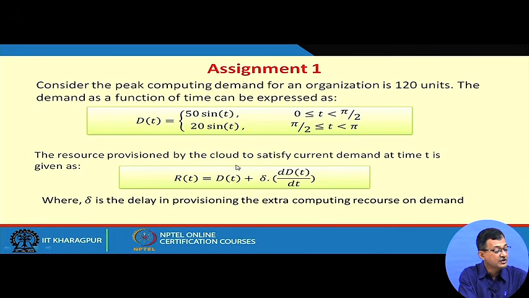The resource provisioning of the cloud to satisfy the current demand at time t is given, where delta t is the delay in provisioning extra computing resources on demand. So, this tilde is the delay.